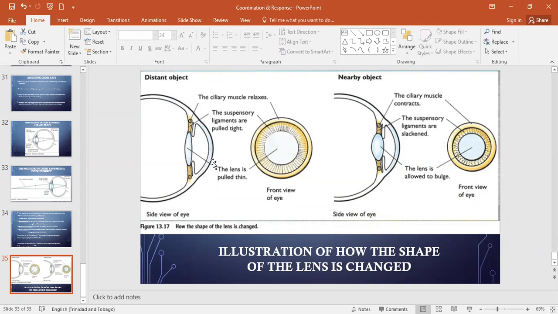What y'all think? Miss, you could repeat the question, please. Sure. When the lens is pulled thin, does that mean you are focusing on a distant object or a nearby object?